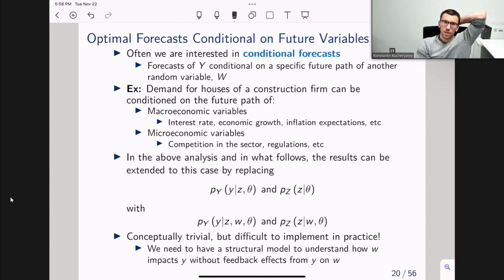For example, if we're in a central bank and we do an inflation forecast, then that fits into the decisions of economic agents that we might take into account when we are doing our forecast.